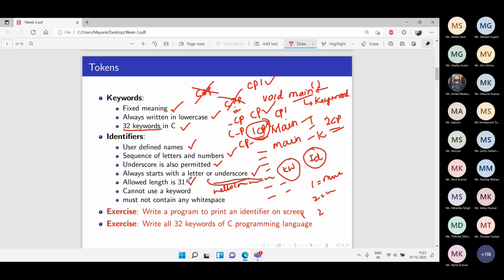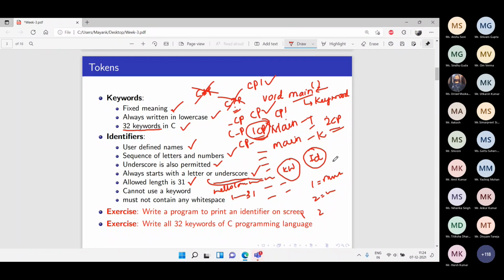If it exceeds 31, it is directly a compilation error. The maximum allowed length is 31. If it is zero length, nothing is defined. So from length 1 to length 31 it is allowed.